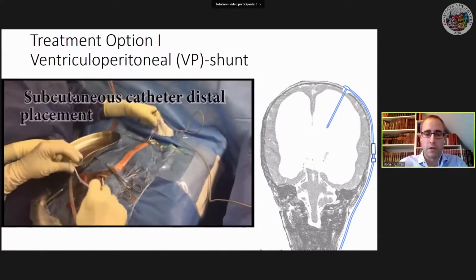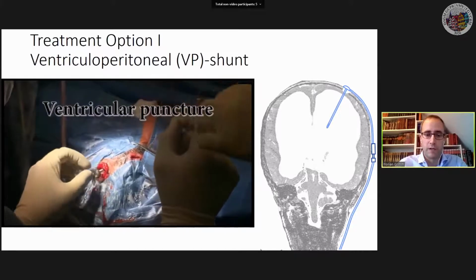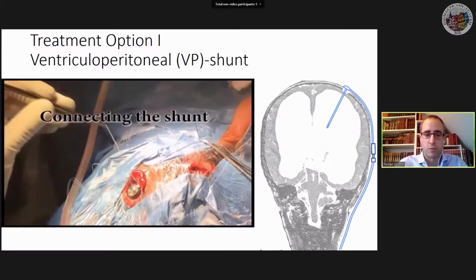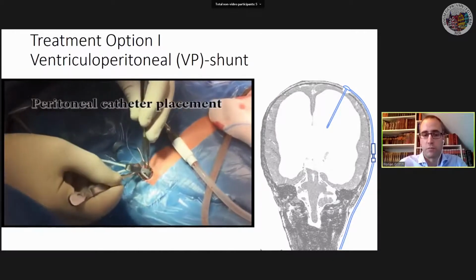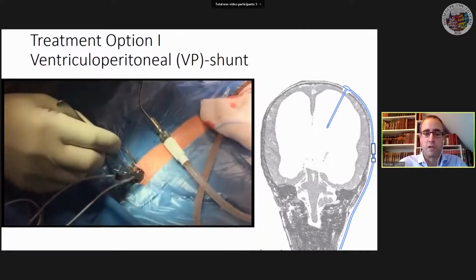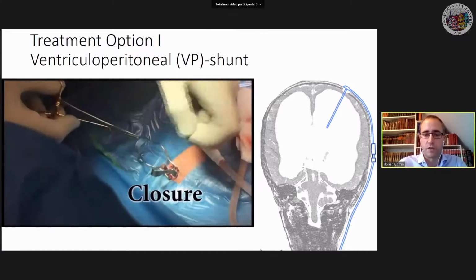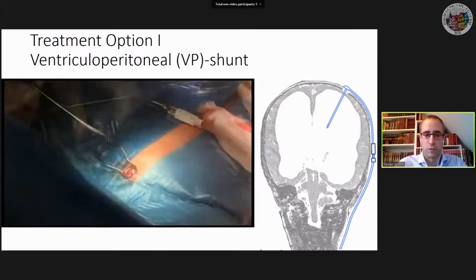And then all the catheters are placed subcutaneously. Finally, the ventricle catheter is put inside of the brain and connected to the system. Finally, the peritoneal catheter is placed inside of the abdomen and the wounds are closed afterwards.